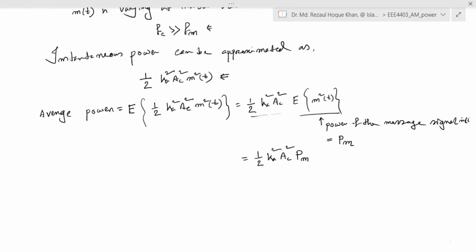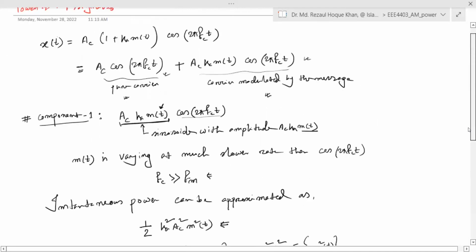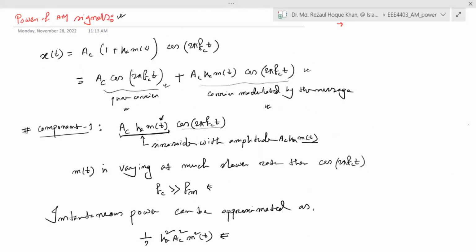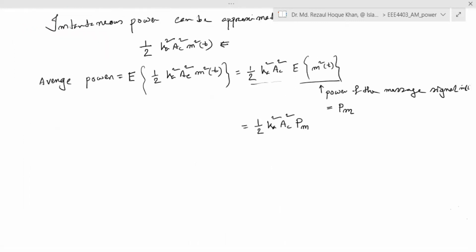So this is the case for component one, the carrier modulated by the message. Now let's find component two, the second component.